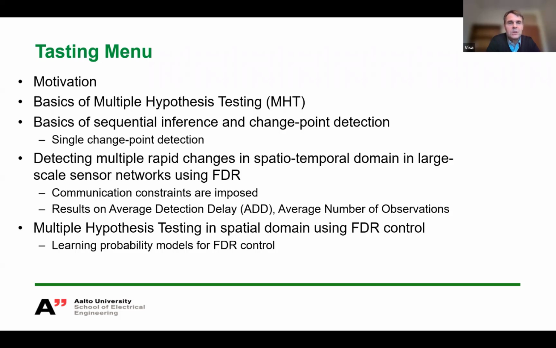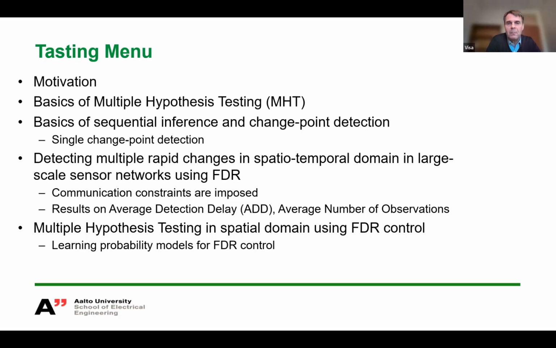Then we'll move to sequential inference and change-point detection. I first introduce these ideas using a single change-point detection problem. And then regarding today's topic, how to do change-point detection and multiple hypothesis testing in large-scale sensor networks and for performing spatio-temporal inference, we'll consider techniques controlling something called false discovery rate.